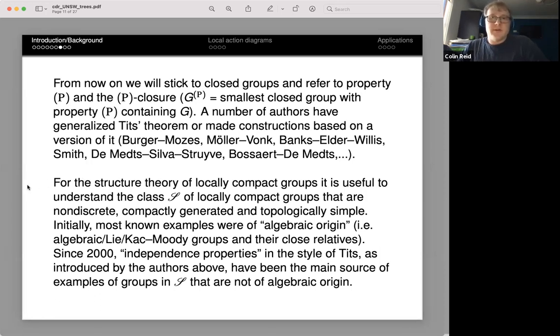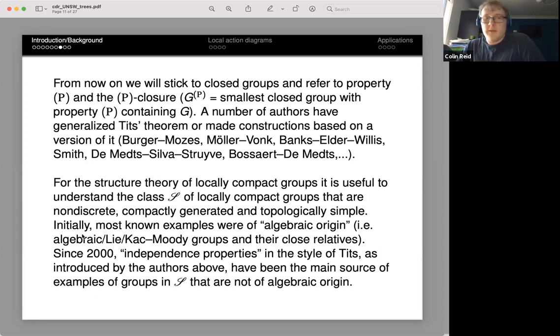Okay, so another motivation for what we're doing is for the structure theory of locally compact groups. We want to know about the groups that are non-discrete, compactly generated, and topologically simple. Now, in the connected case, these are all known. They're the simple Lie groups. In the totally disconnected case, though, it's much more complicated. So initially, most of the known examples of these groups were in the spirit of Lie groups.